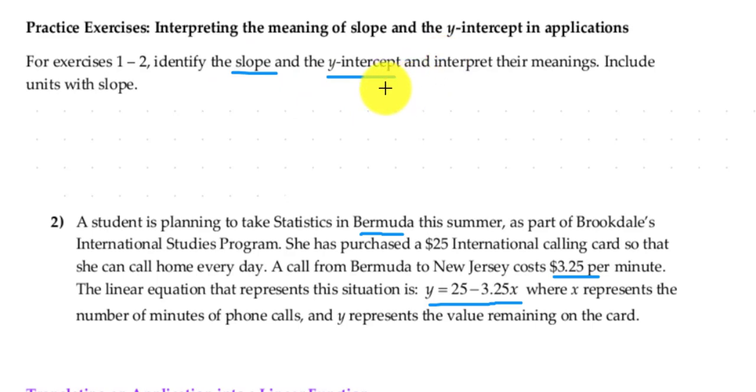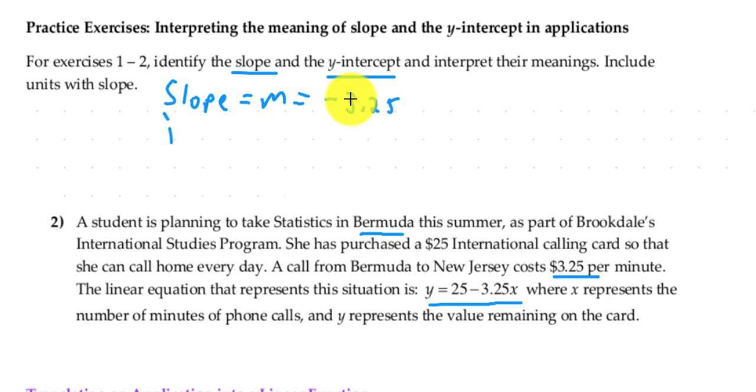And remember, y-intercept and the word vertical intercept are interchangeable. So I can say y-intercept or I can say vertical intercept. All right, so let's think about this. The slope, which is my m in y equals mx plus b, would be negative 3.25.